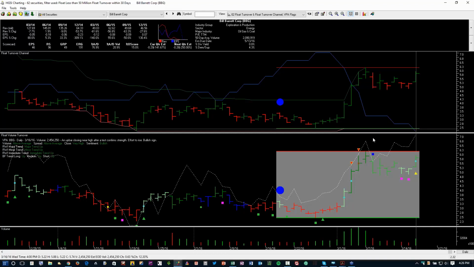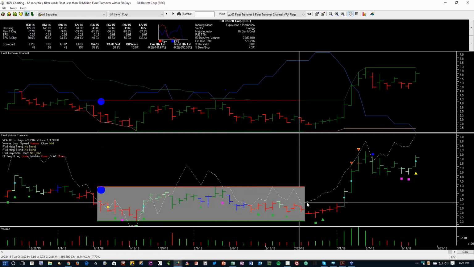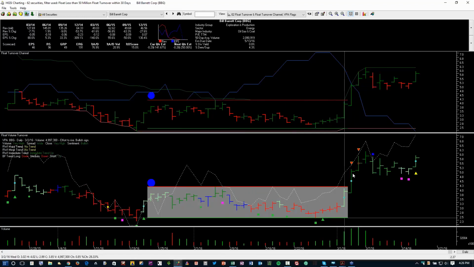Okay, now I've been talking to Matt and George, and at some point they're going to try to figure out a way that we can filter this. So we'll get an alert, not an alert, but there will be something in a warehouse column where we can figure out when these ranges are penetrated on the float turnover. That's not here.